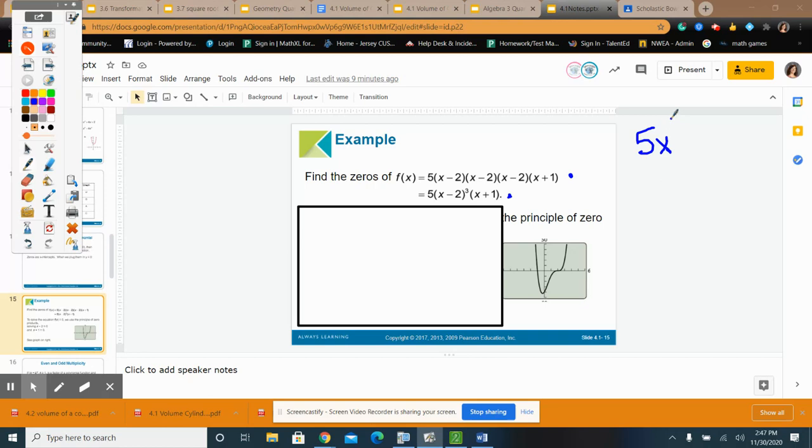That's a 5x to the 4th. This guy, you can also tell because it'd be like a 5 times an x cubed times an x, so it's an x to the 4th. That's why the graph is U-shaped. Even if it's in factored form, you can still tell if it's U-shaped. The degree is 4, and the degree tells you how many zeros you are looking for.